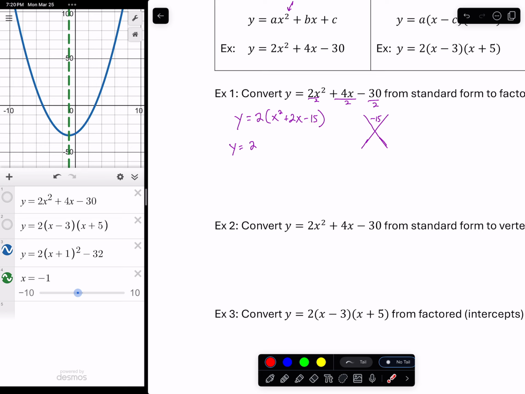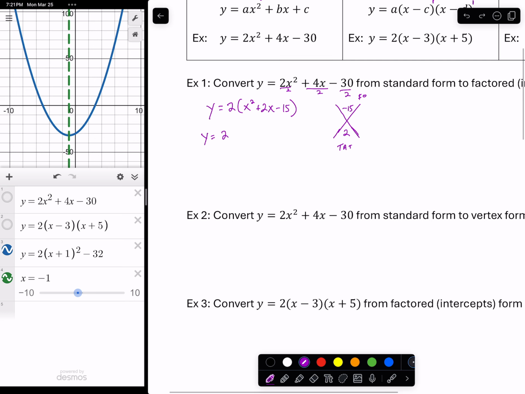Factors of negative 15 that add to the middle term, the B term, which is positive 2. I don't know if you write the factors of on top or on the bottom, but that's how I think you do it. So numbers that multiply to negative 15 that add to 2. So we're looking for those two numbers. Let's see, it looks like it's going to be 5 and negative 3. If I multiply those, I get negative 15, and if I add them, I get positive 2.